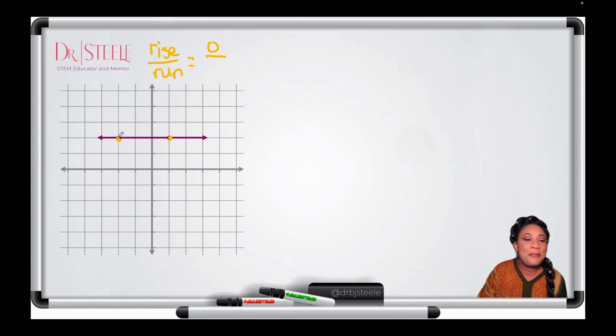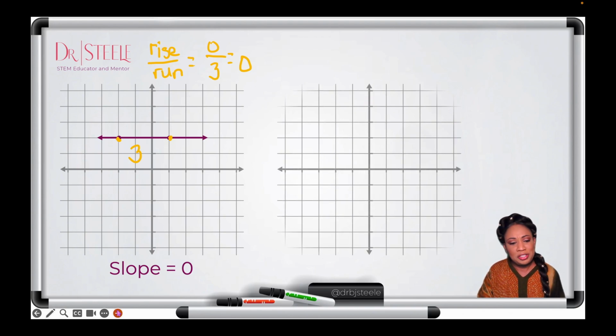So I could say I ran 1, 2, 3. Now, 0 divided by 3 is 0. So, a slope that is just a straight line horizontally is 0. Well, of course you're going to say, well, what is it if it's vertically?